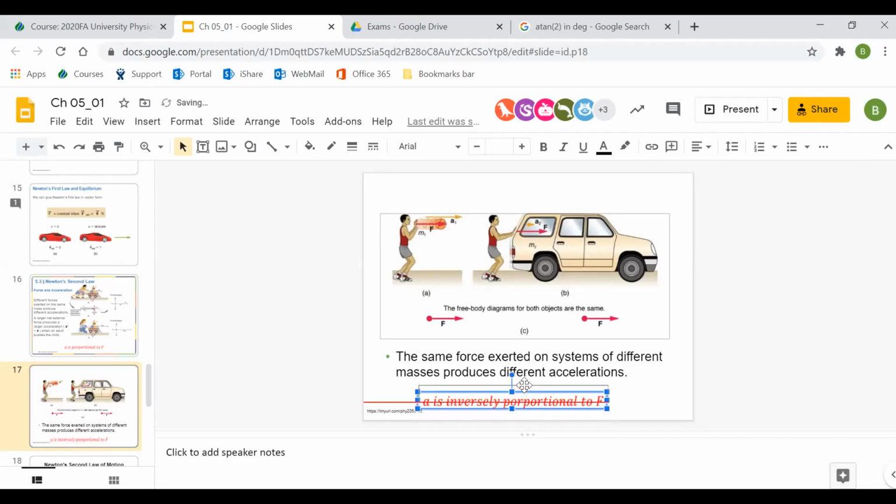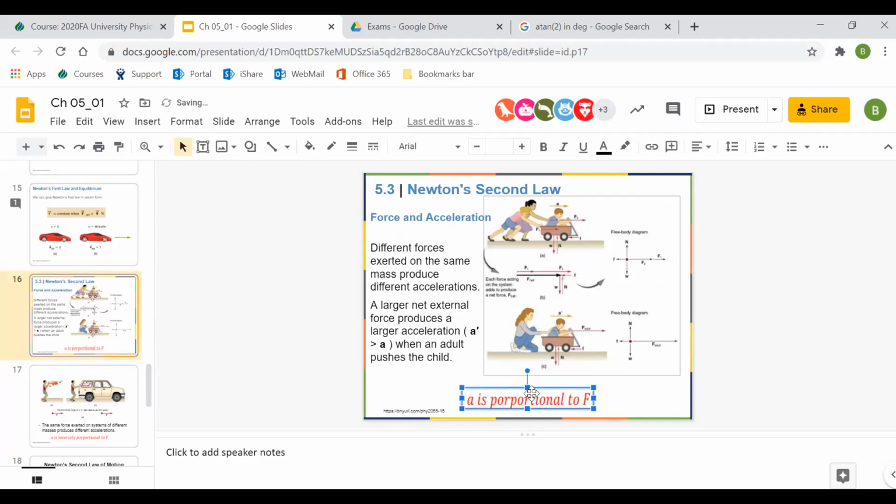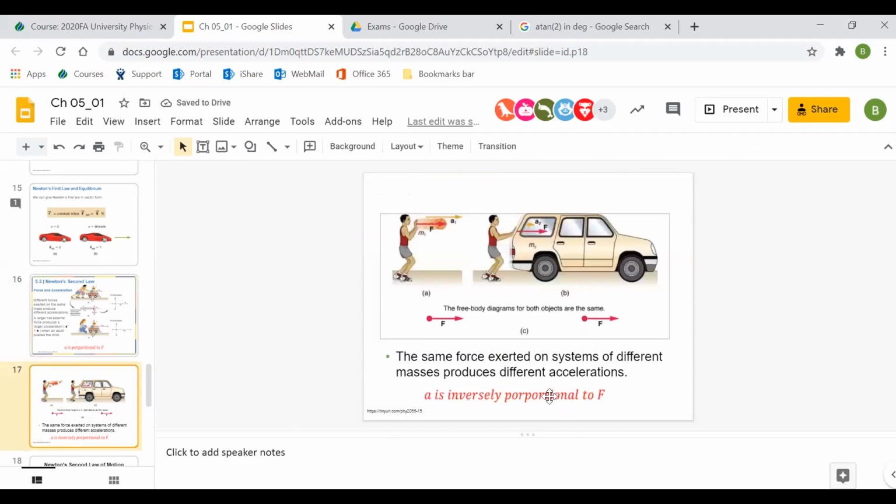Okay, so make a note here: it's inversely proportional to the mass. This is also a picture. I will change it later, but you can see this should be just the mass. Inversely proportional to the mass.